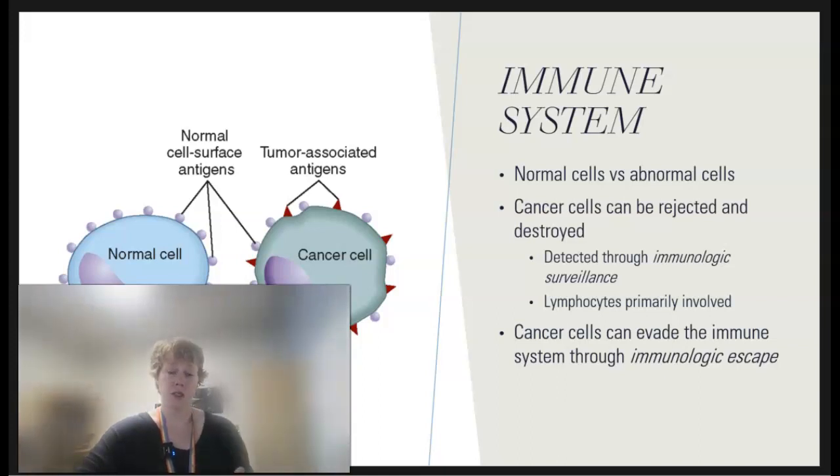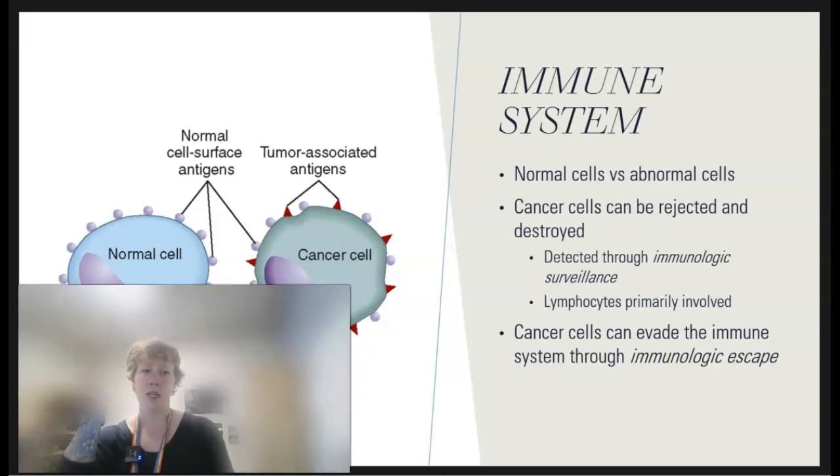Our normal cells are our self cells, and cancer cells are perceived as non-self or abnormal with their surface antigens. Immunologic surveillance is where those lymphocytes are constantly checking for mutations or bad cells, abnormal antigens, that sort of thing. So they're the ones that will get rid of those cancerous cells.